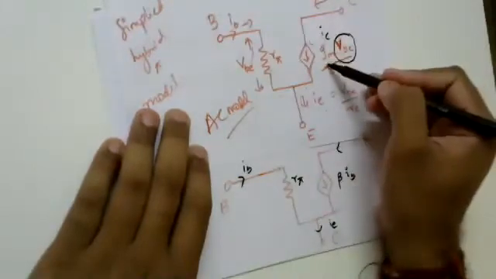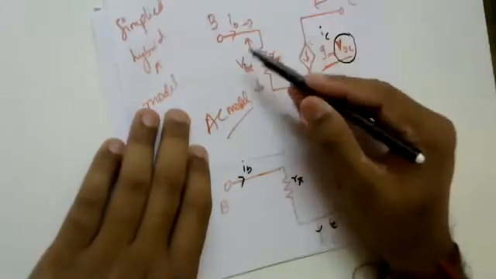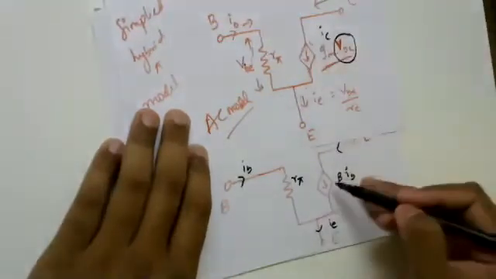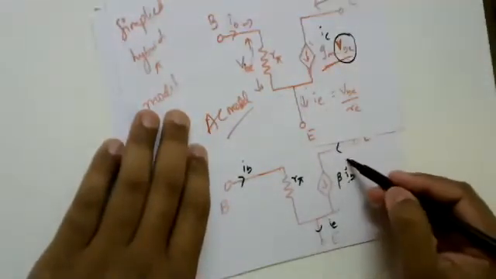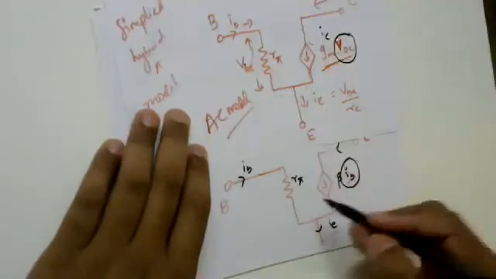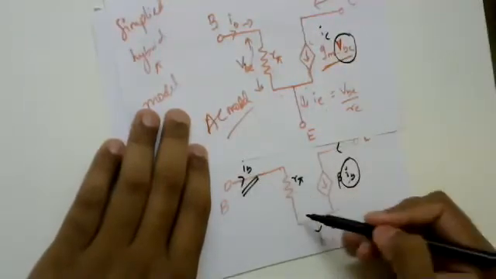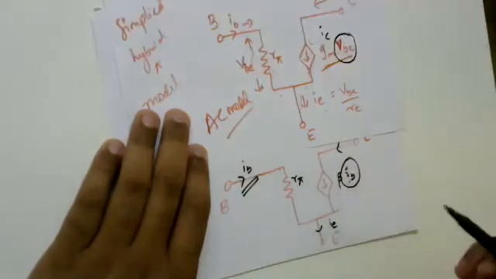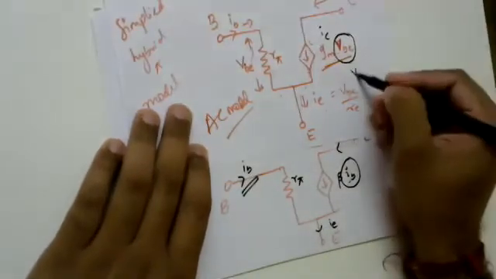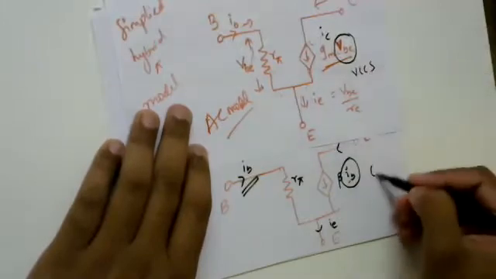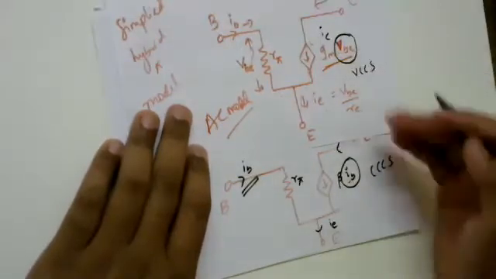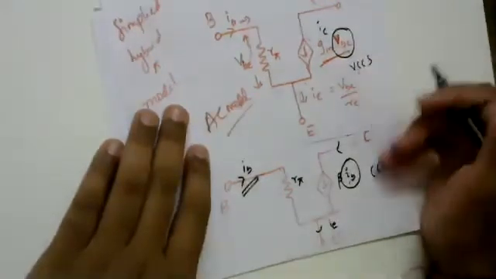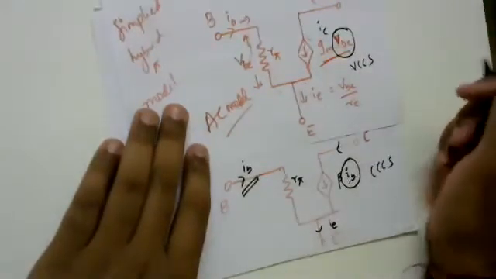So that was called a voltage dependent current source, but this is dependent on IB, so this is called a current dependent current source. So this is VCCS and this is CCCS. This is how I can model my hybrid pi model in two different ways.